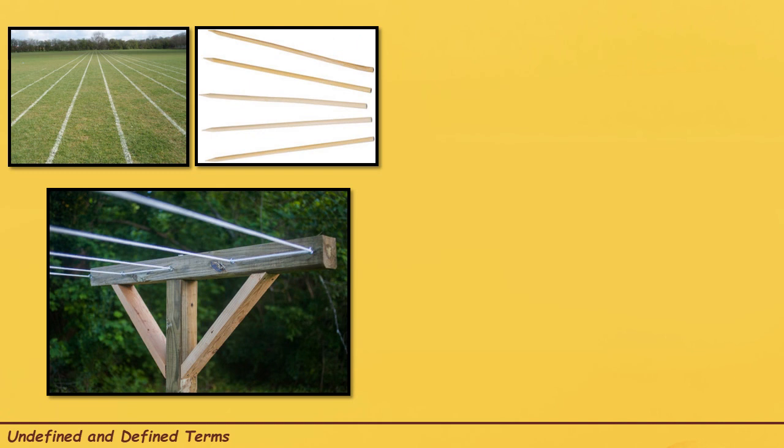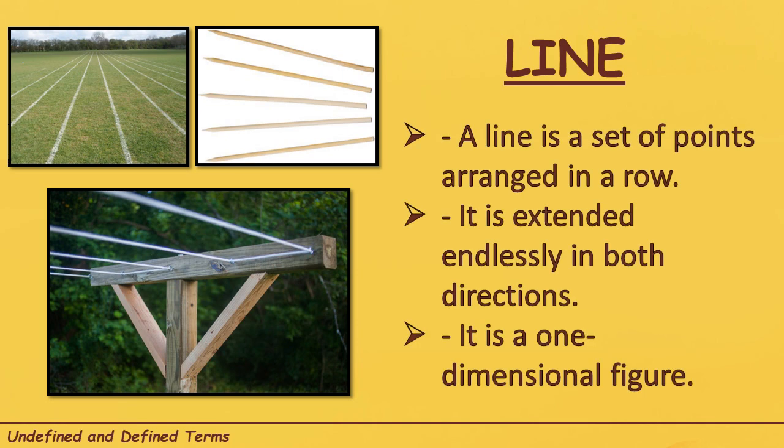Okay, now let's go to this part of our lesson, to the second undefined term, which is known as line. As you can see in these pictures, it represents the idea of a line. A line is a set of points arranged in a row. It is extended endlessly in both directions.